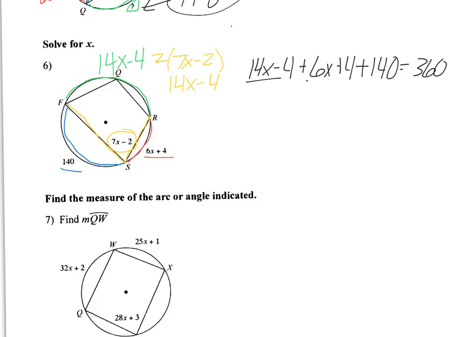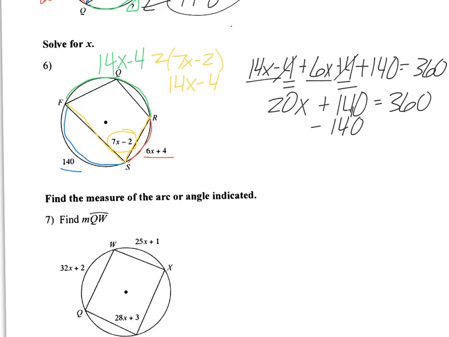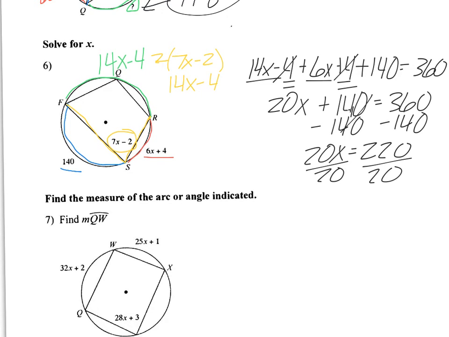So 14x and 6x would be 20x. Negative 4 and 4 cancel. So plus 140 equals 360. Subtract 140 from both sides. So 20x is 220. Then divide by 20, and I get x is 11.